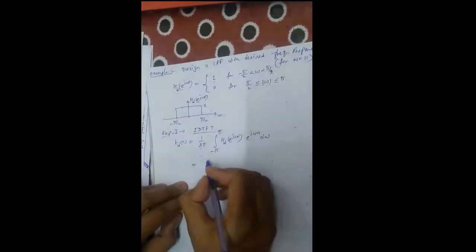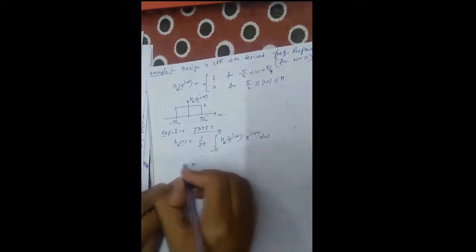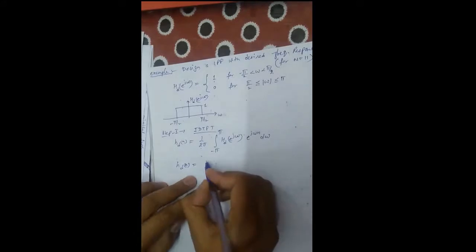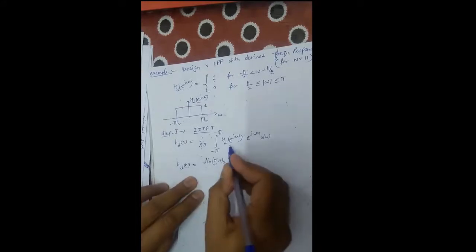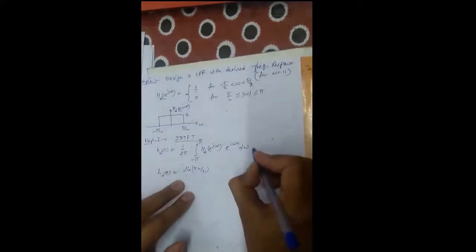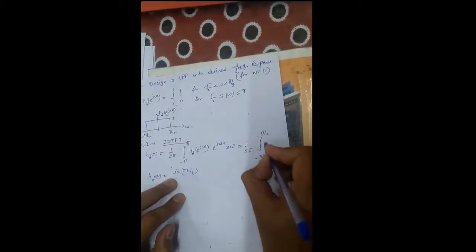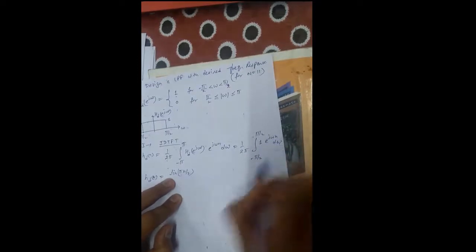I will not integrate completely because it will be lengthy, so I just give the solution, otherwise a lot of steps will result in a very lengthy video. The result is sin(pi n by 2), obtained if you integrate and put in the values: 1 upon 2 pi, integral from minus pi by 2 to plus pi by 2 of 1 times e^jωn dω.